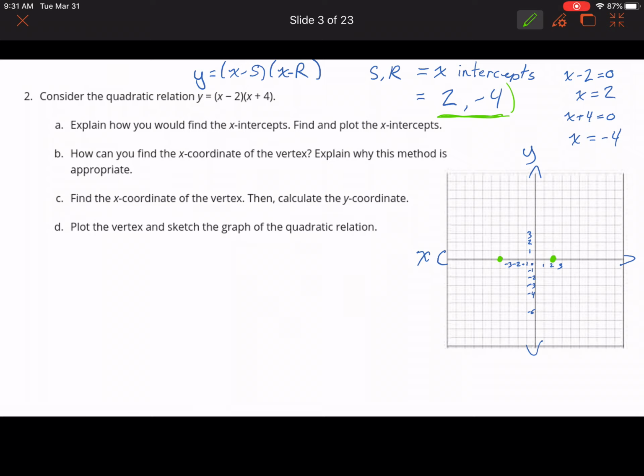We want to explain how we found our x-intercepts, find and plot the x-intercepts. So I know that if I've got something in the form y equals (x minus s)(x minus r), that s and r are the x-intercepts, therefore they are positive 2 and negative 4. So how can I find the coordinates of the vertex?